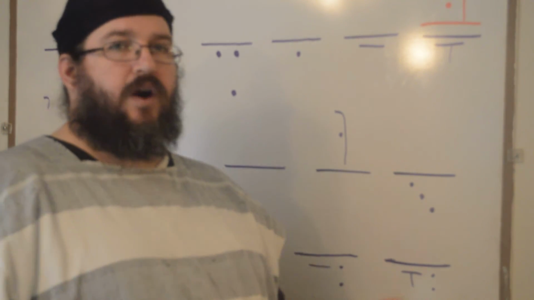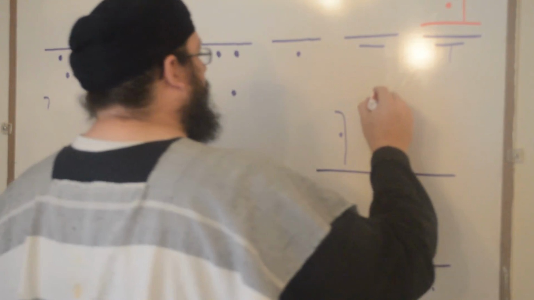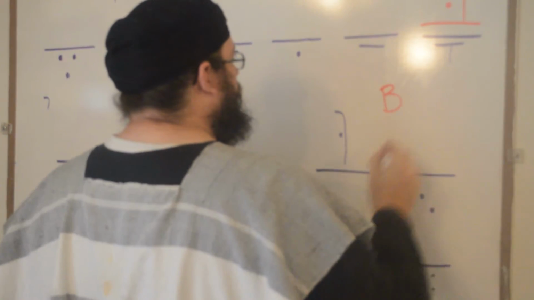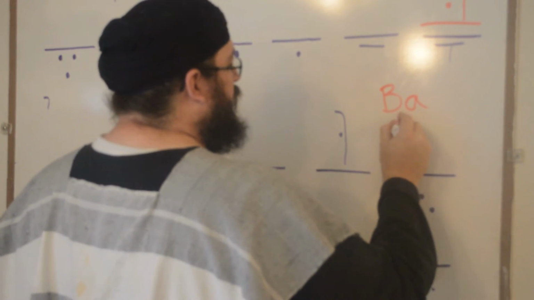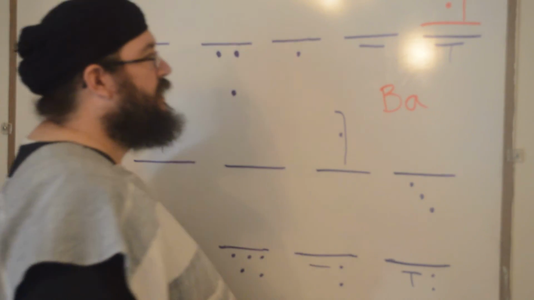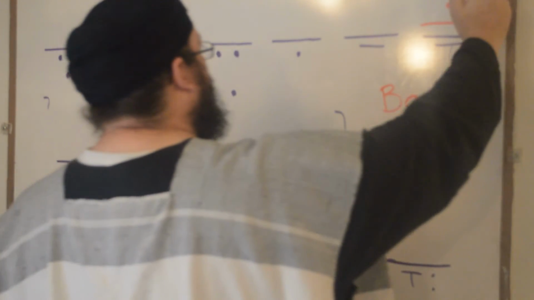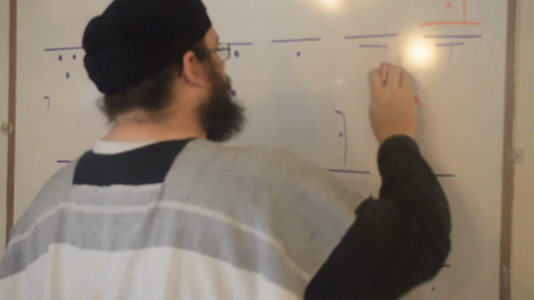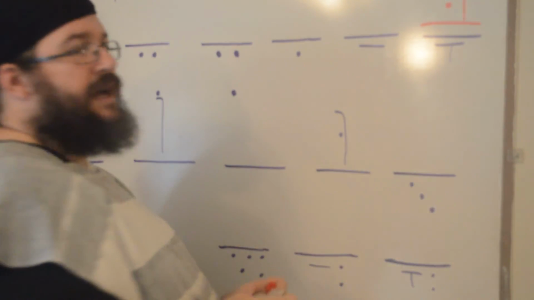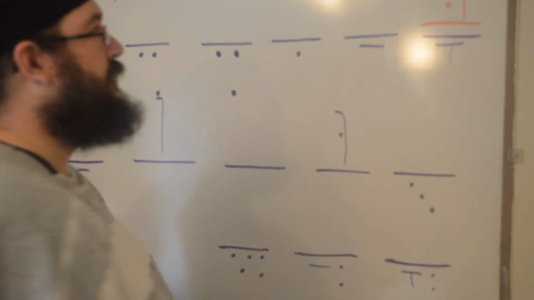So it's like how in English, when you have the consonant and then the vowel, ba, right? We're doing it from top to bottom instead of from left to right. So ba is how you would pronounce this.